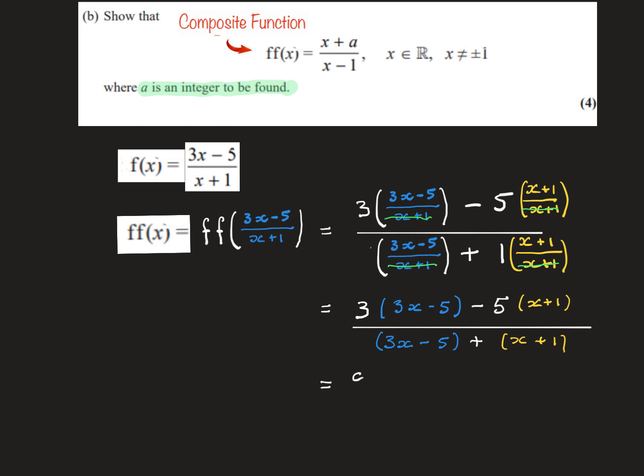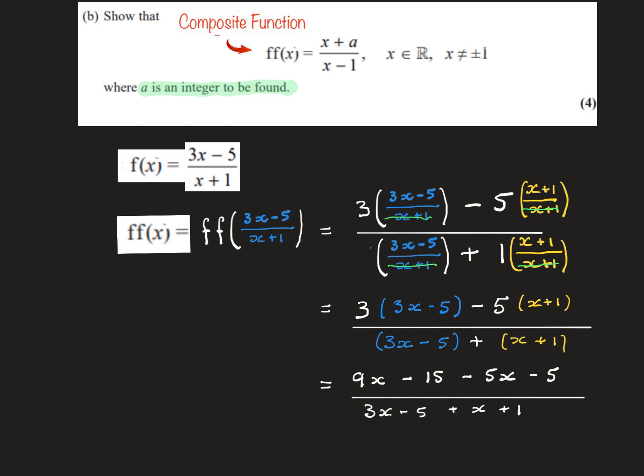That'll be 9x minus 15 minus 5x minus 5. And I'll lose the brackets over here, so it'll be just 3x minus 5 plus x plus 1.